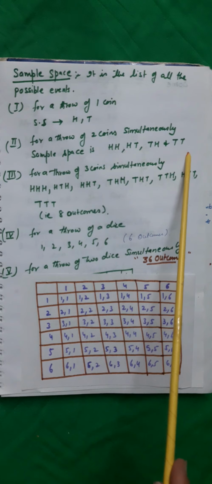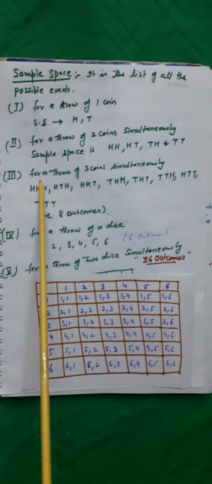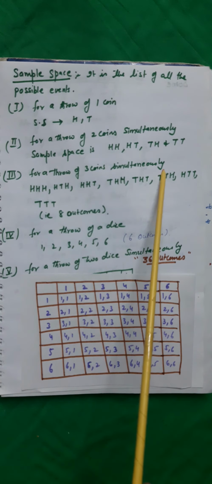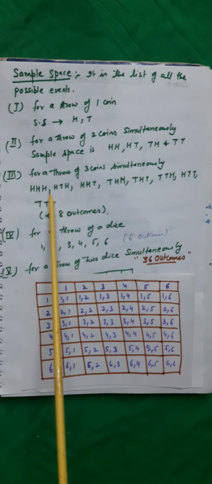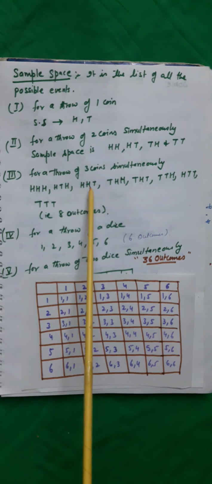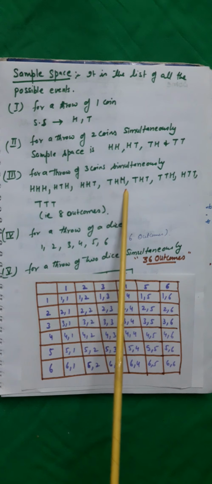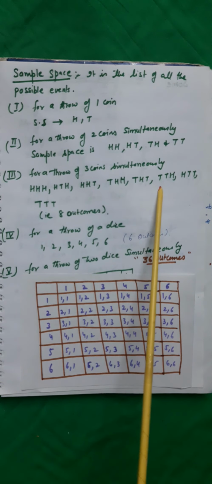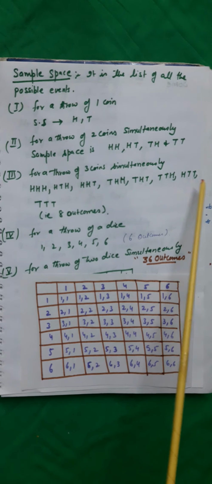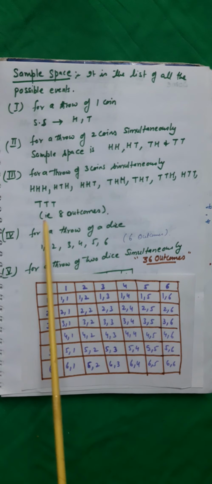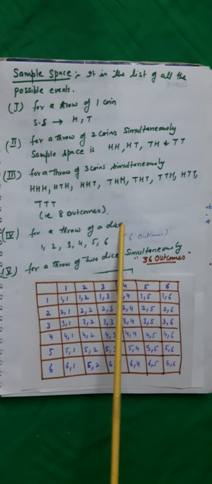This is a list of outcomes that can come. For a throw of 3 coins simultaneously, HHH, HTH, HHT, THH, THT, TTH, HTT and TTT are the 8 outcomes.